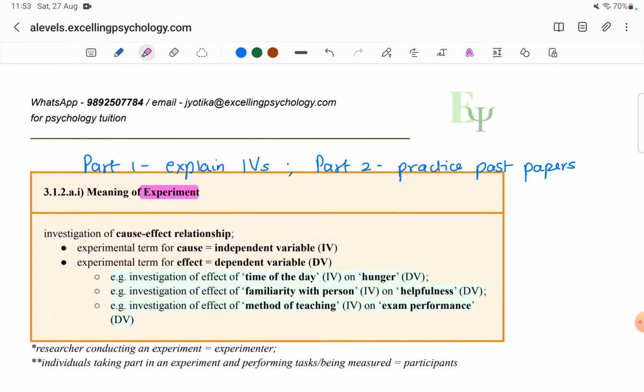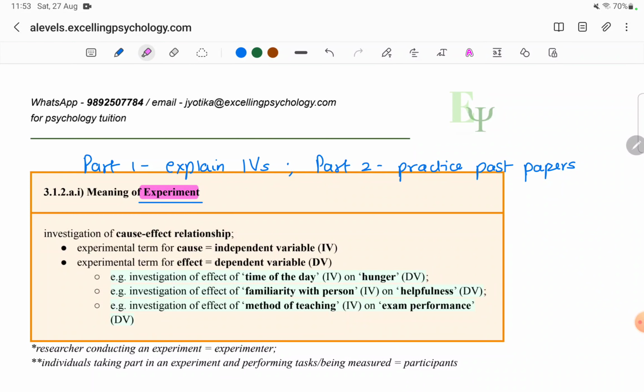And how are these actual observations done? They are done through research. So simply saying whatever knowledge we have in psychology is coming from research. You also know that there are different research methods. That is, there are different ways of collecting evidence. One of those ways is the experiment, which we are discussing right now.